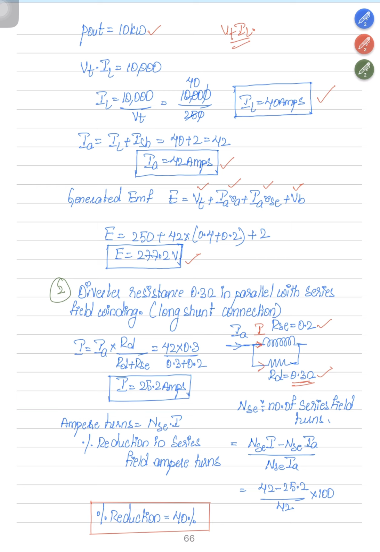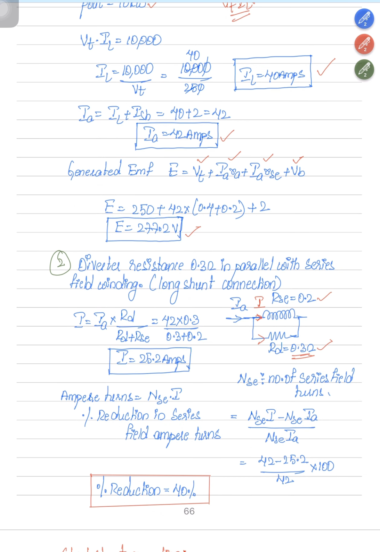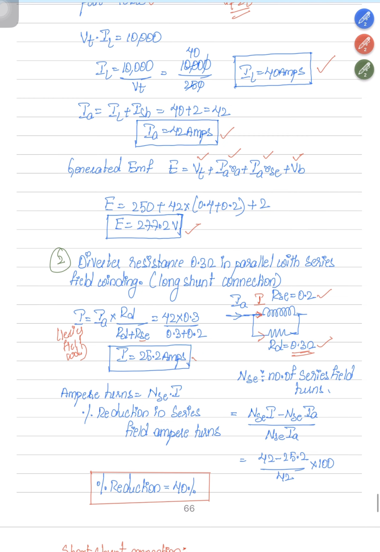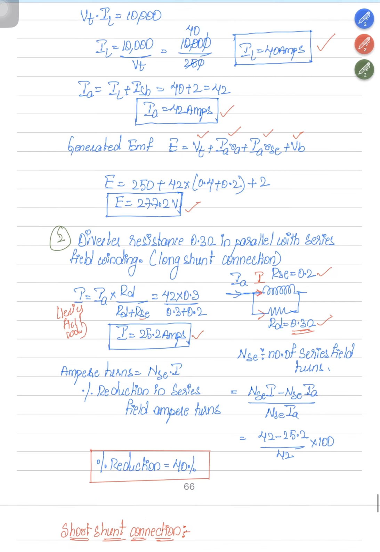We need to find the current through the series field winding resistance. By the simple current division rule, the current through the series field winding I equals IA into RD by RD plus RSC. RD is the diverter resistance, RSC is the series field winding resistance. By this, 25.2 amps current flows through the series field winding.